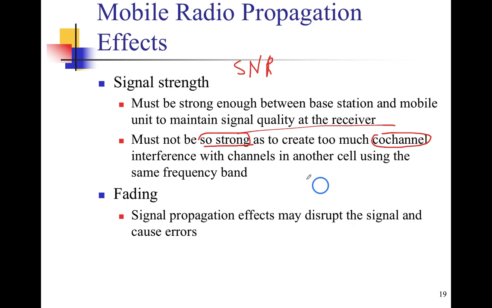Co-channel means a channel inside one cell; if this channel's power is too high, you might interfere with another channel. So you need to control that. Fading is another propagation effect that may disrupt the signal and cause errors. We have learned this one. Fading is also one of the causes of mobile radio propagation effects.